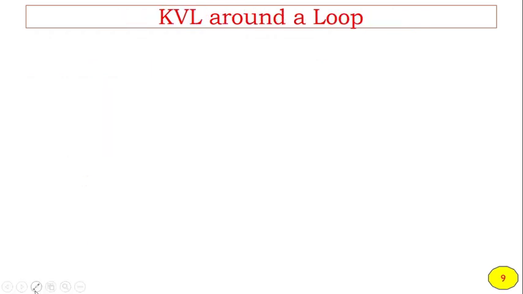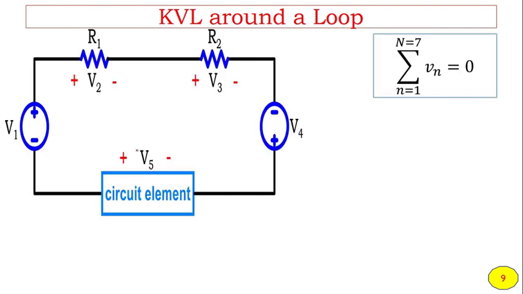Let's illustrate KVL by taking an example. Let's suppose there is a loop which consists of 5 circuit elements and hence 5 branches. If you see, there are two voltage sources V1 and V4 with the polarity shown like this. There are two resistors R1 and R2.